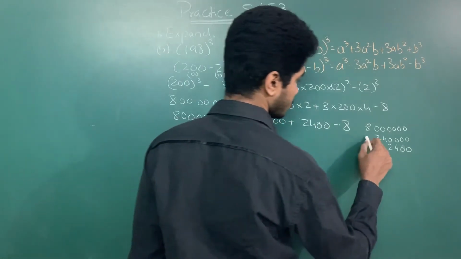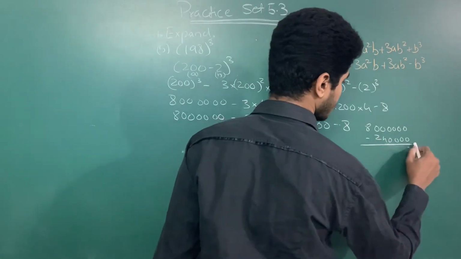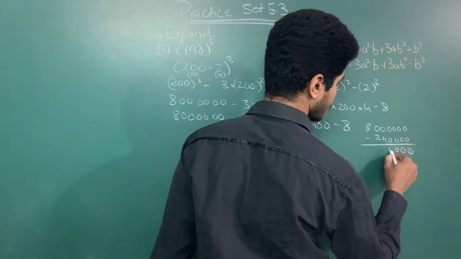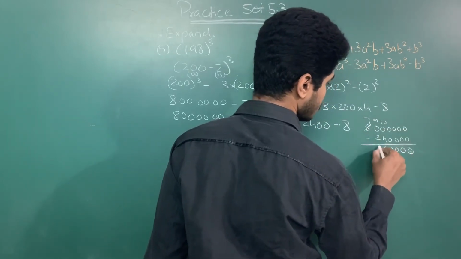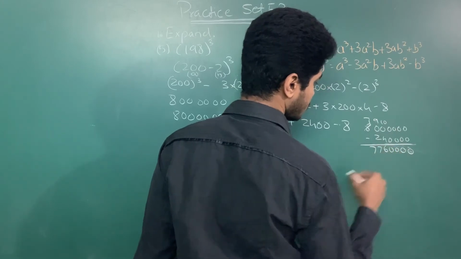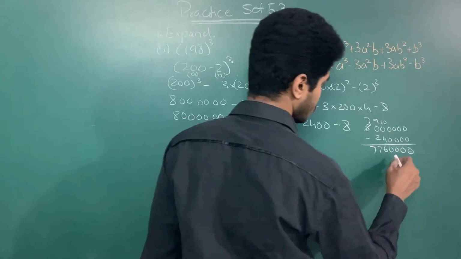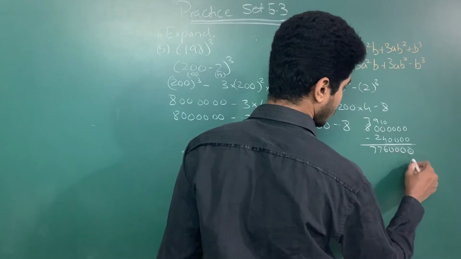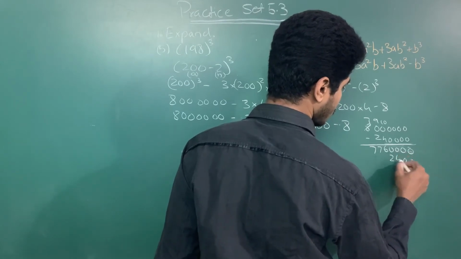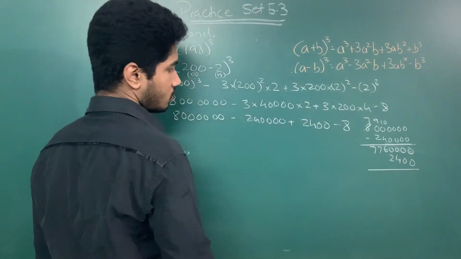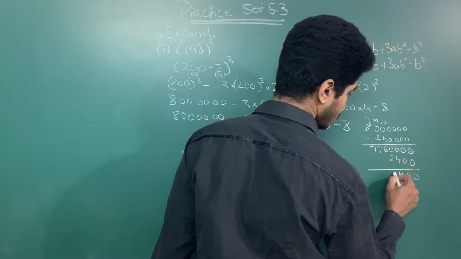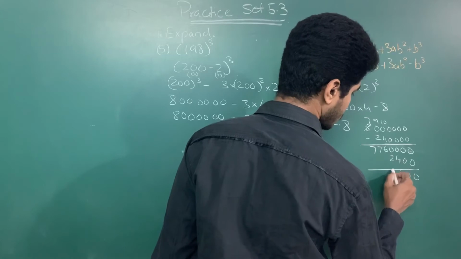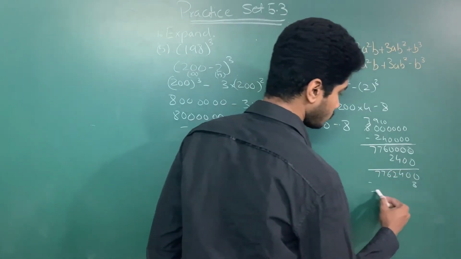We'll first subtract this. We get 0 0 0 0 7, this will be 9, this will be 10, 6 7 7. Then you add 2400, so you get 0 0 4 2 6 7 7.